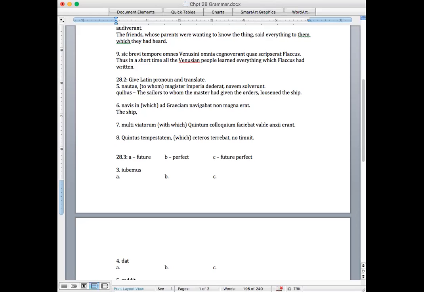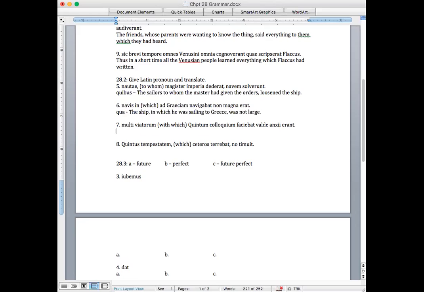It's going to be singular. So feminine, singular, and the in tells us it needs to be ablative. So feminine, singular, ablative is going to be qua with a long A. So the ship in which he was sailing to Greece, I assume this is talking about our friend Quintus, was not large.